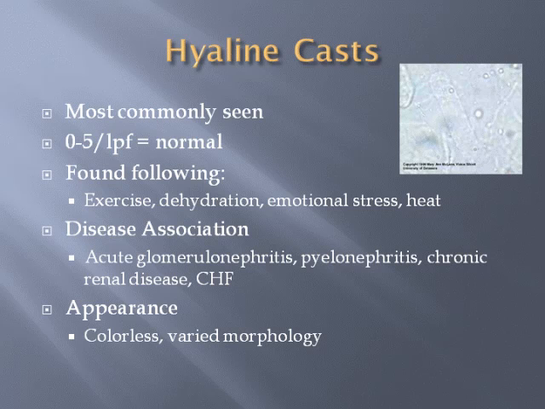They are associated with some diseases, so you're going to see hyaline casts in cases of acute glomerulonephritis, pyelonephritis, chronic renal disease, and congestive heart failure. They are colorless usually, and their morphology varies. Usually if there's one, there are more. And once again, they can be normal, but they also have some disease associations.